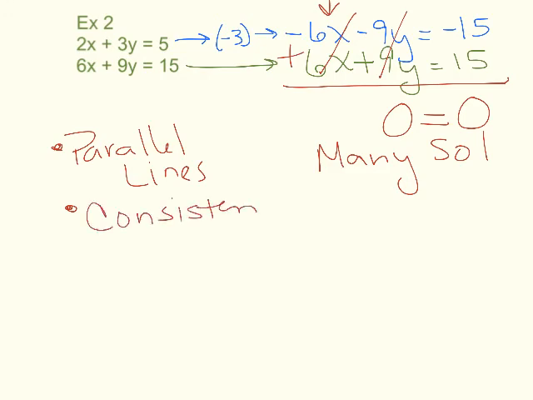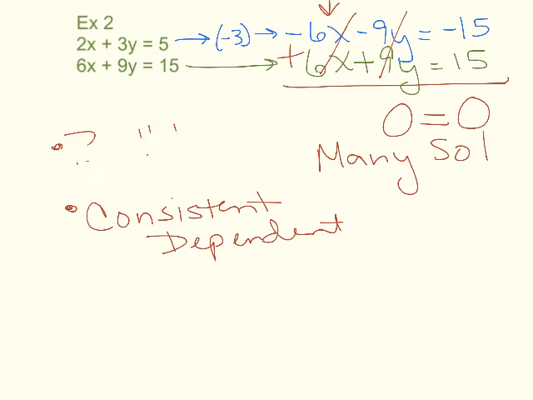As a matter of fact, there's a lot of solutions. Consistent, dependent. And if I were to graph it, oh, wait, whoa, not parallel lines. I don't know what I'm talking about here. Not parallel lines. Parallel lines means there's no solution. This one's many solutions. This one means that it's the same line.